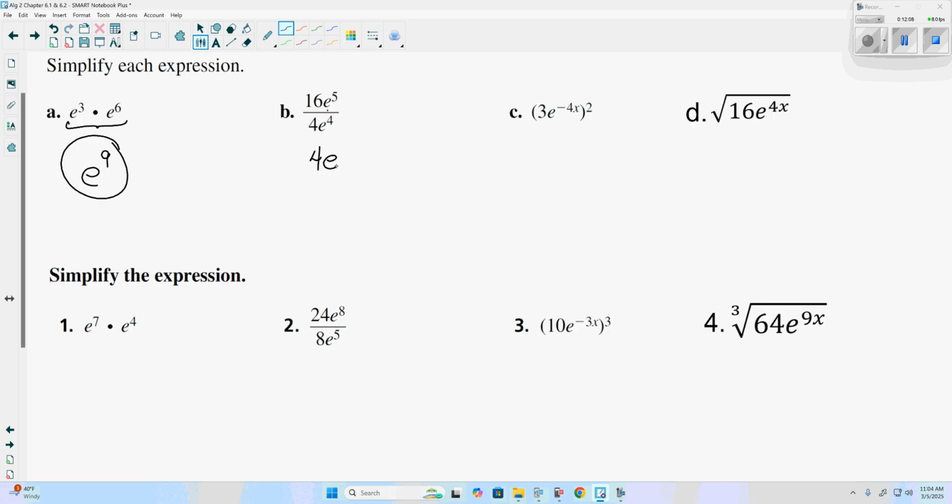So it would be 4e, or 4e to the first. Questions on this here? Because even though it is to the first power, we'd still write e, we just don't have to write the exponent. If you're typing this in the calculator, if we wanted to approximate 4e, the calculator is going to want that first power, because it's going to assume there is a power attached to it.